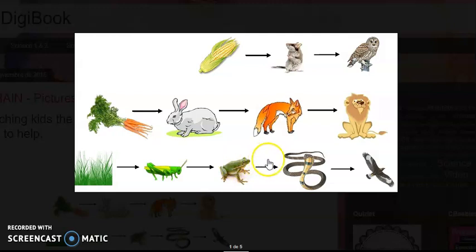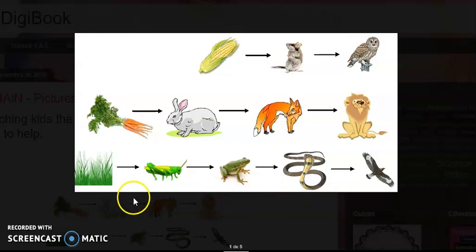And then the energy flows to the snake, okay, cobra, which means this snake feeds on the frog. Then again the energy flows to this bird, okay. So that's how the energy flows, and this is how a food chain looks. When you're asked to draw your own food chain, now you are able to draw as you indicate where the energy flows to.